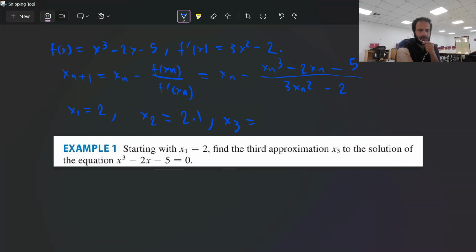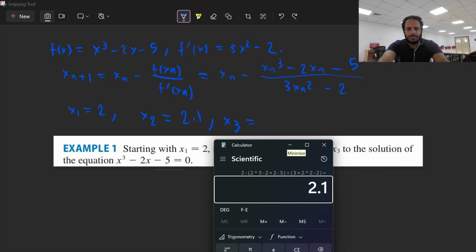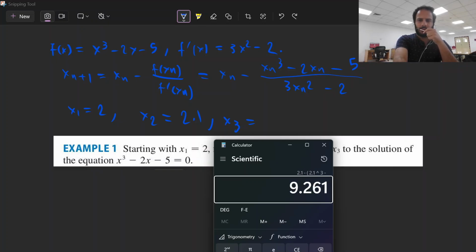So let's start. So we have x3. You have 2.1 minus 2.1 cubed minus 2 times 2.1 minus 5, then close the parentheses, then divide, open a new parenthesis now, 3 times 2.1 squared minus 2, close the parentheses, and now you get the final result.